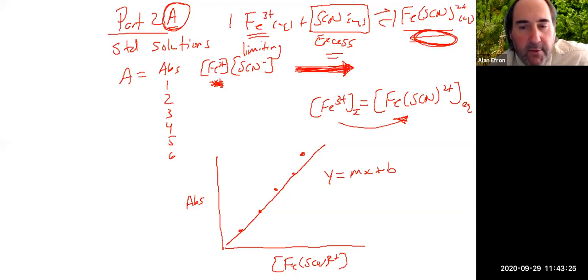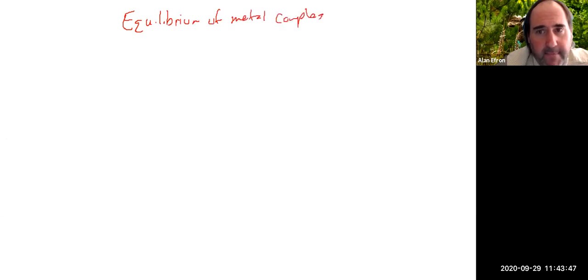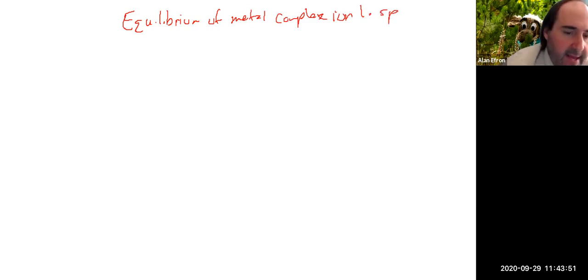Okay, so when you look up there on that module, you'll see basically 3 files towards the bottom of the module. One file will say something like equilibrium of a metal complex ion 1.sp. Then you'll see 2 other files underneath it.